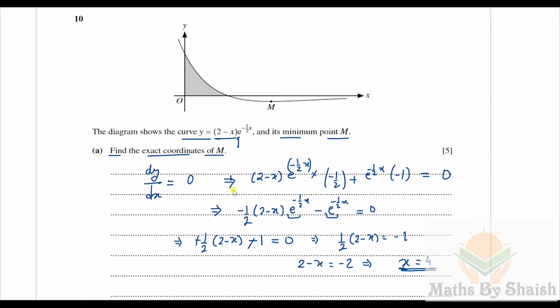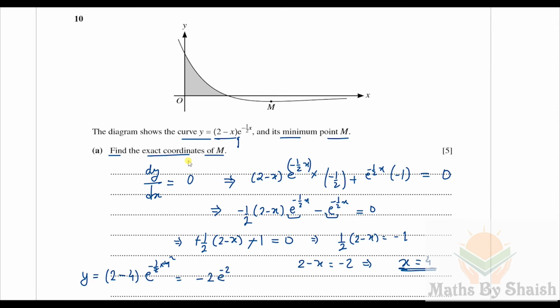So we need to find the exact coordinates of M. We have x is equal to 4, so we'll put x is equal to 4 here, and we will get the y value. The y value is going to be 2 minus 4 into e raised to the power minus 1 by 2 times 4, which is 2, and it is minus 2 e raised to the power minus 2.